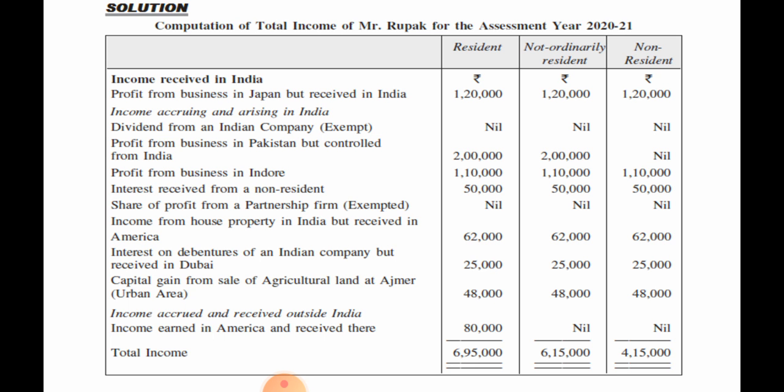If this control and management is not mentioned in the illustration, then it will only be taxable for ordinarily resident. But as it is clearly mentioned that the business is controlled from India, we take it that it is a foreign income but controlled from India. So it will be taxable for ordinarily resident and not ordinarily resident.